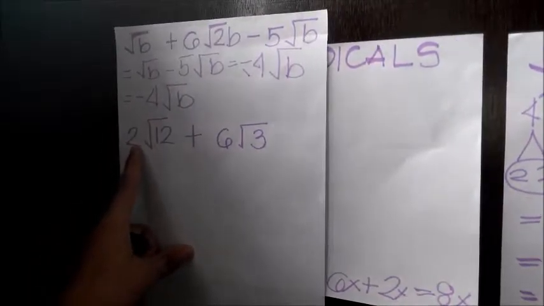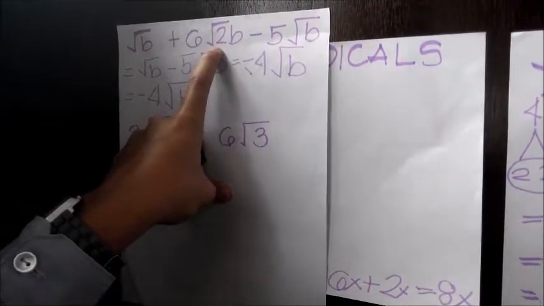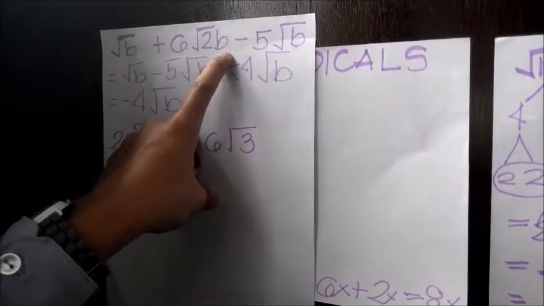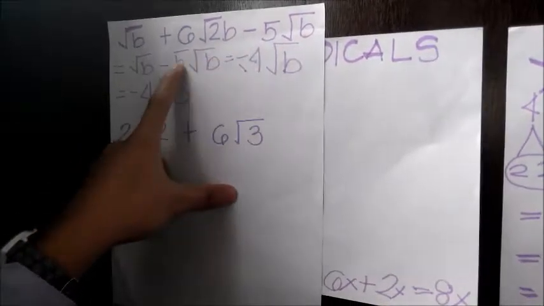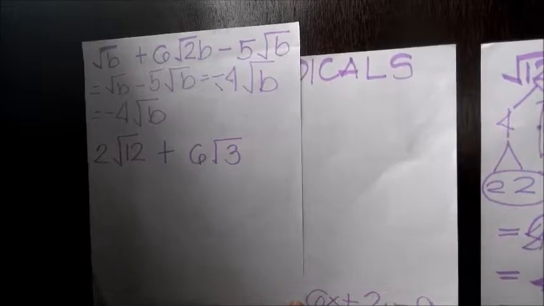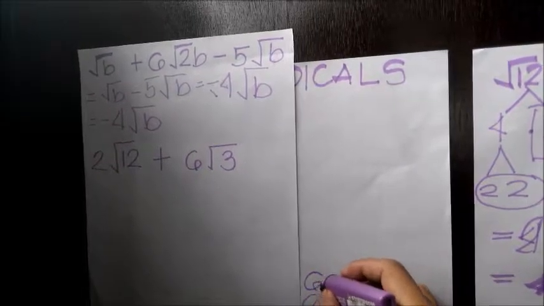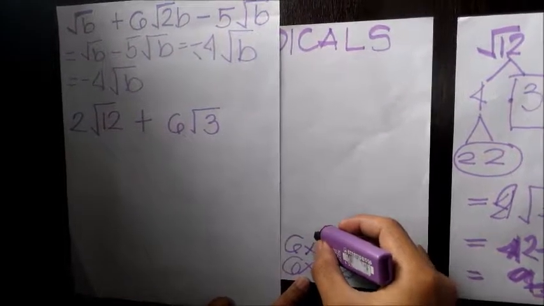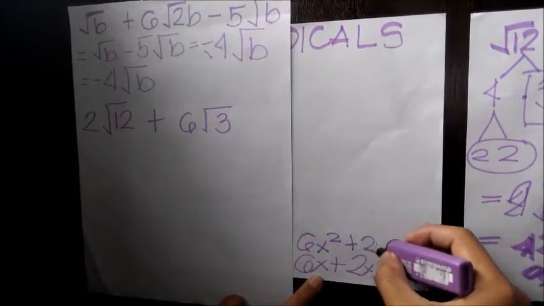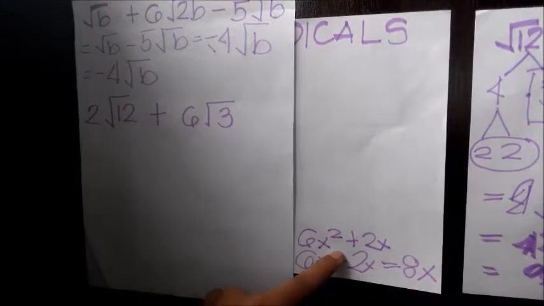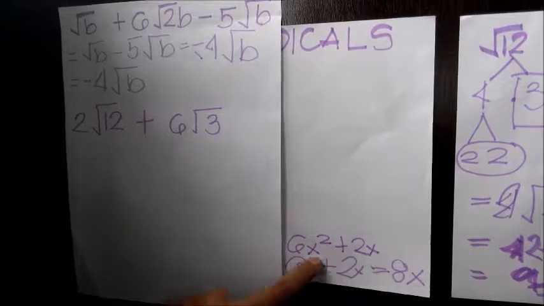Now, you notice that the 6 times the square root of 2b is different from these two, just like in combining like terms, 6x squared plus 2x, we notice that they are different.